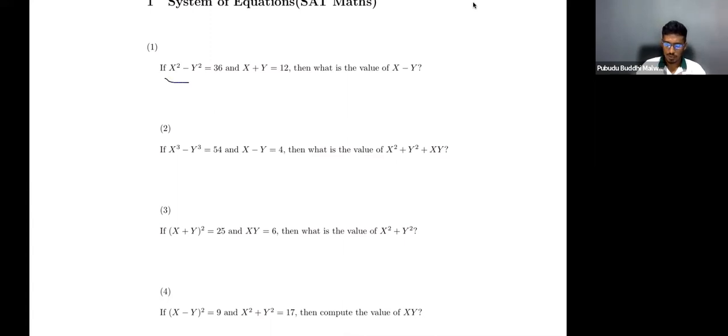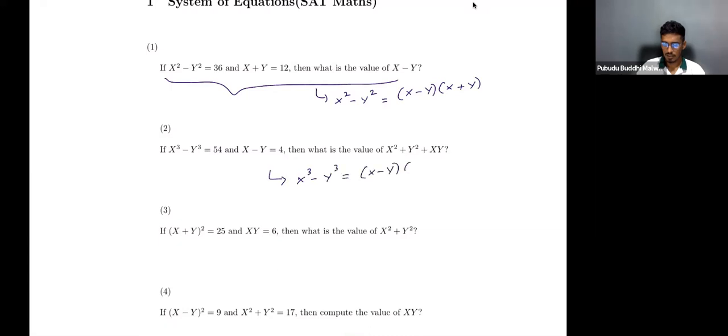For this one, we use difference of two squares. Maybe you can write these formulas again. And for this one, difference of two cubes. For that one, we use a different formula like this.